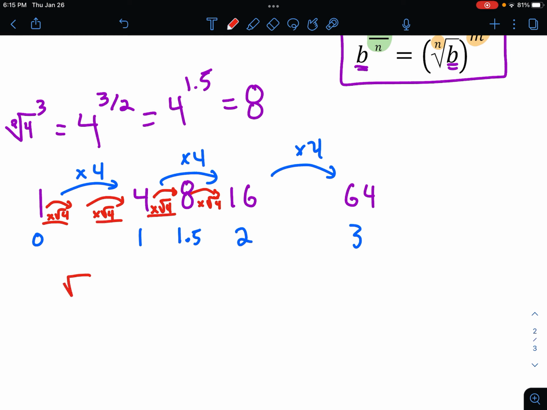So we have square root of 4 multiplying by square root of 4 3 times to get us from no multiplications to 1.5 multiplications of 4, or 3 multiplications of square root 4. And that's going to give us 8. And the square root of 4 we know to be 2, and 2 to the 3rd power is 2 times 2 times 2, which does equal 8. Just square root 4 times square root 4 times square root 4. So this is the main idea behind fractional exponents and turning them into radical form.